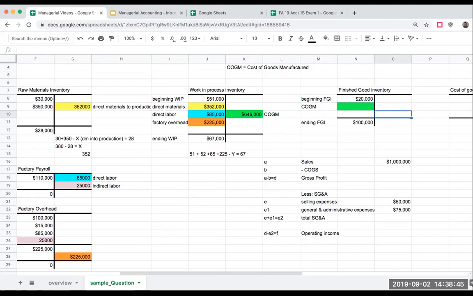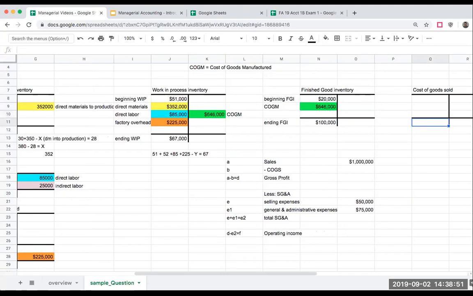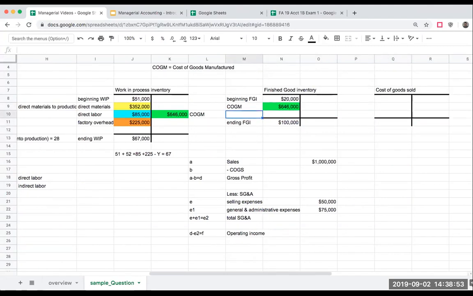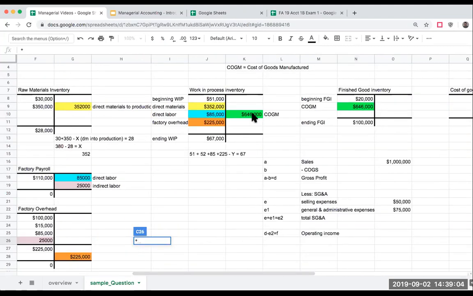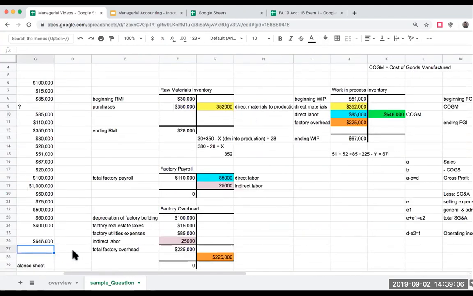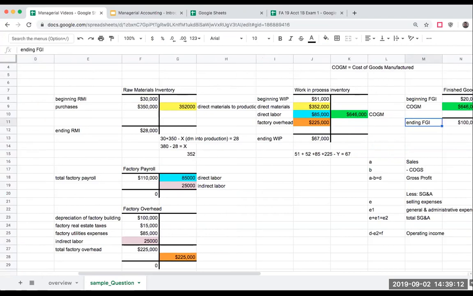Well, my cost of goods manufactured is what is going. This is what I completed during the period, so I'm now looking at my finished goods inventory. The first answer to this question, what is our cost of goods manufactured, is $646,000.